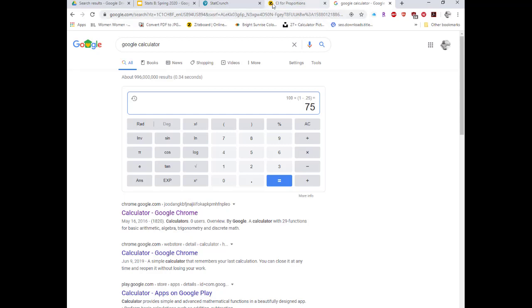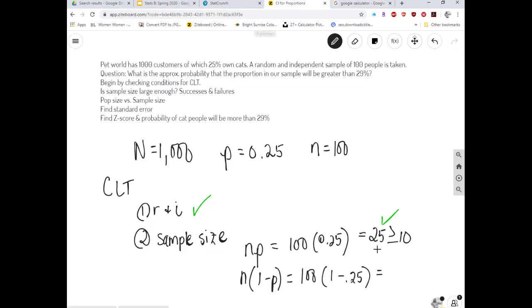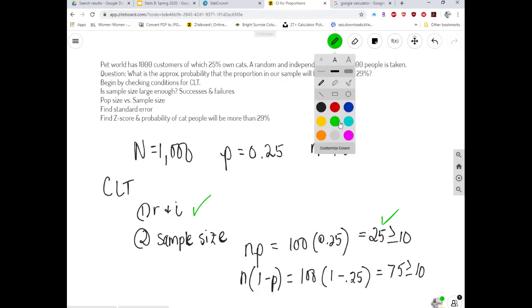So see, it's the same. It's the same as 100 minus 25 is going to be the 75, because it's just saying everybody else. So is 75 greater than or equal to 10? Yes. It is, so check. All right, so now we have the sample size condition is met.